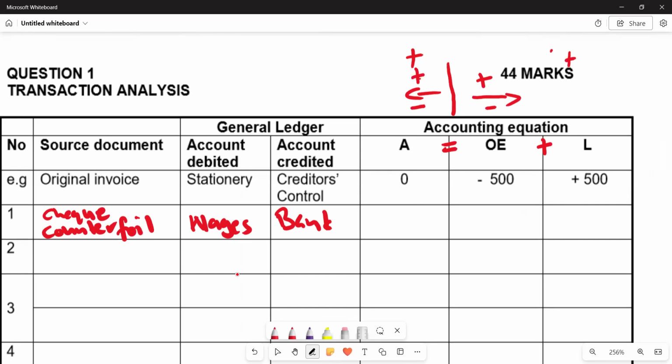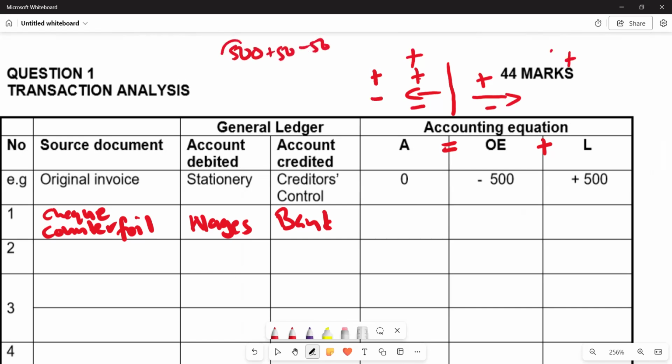But if it's affecting one side, let's say the transaction is only affecting assets, the two accounts are part of assets. It means we are going to have a plus and a negative on one side, so that the total comes back to the original position. If it's 500 and the effect is 50, we are going to say plus 50 minus 50.